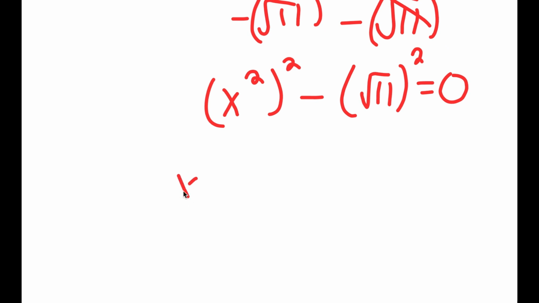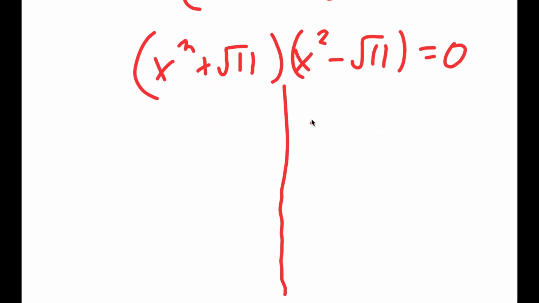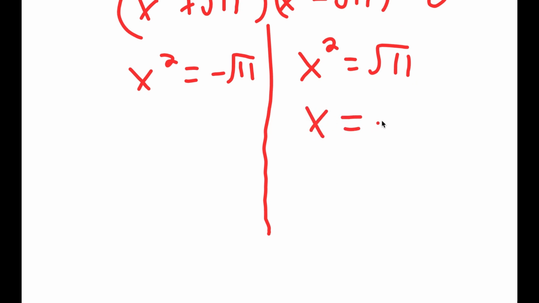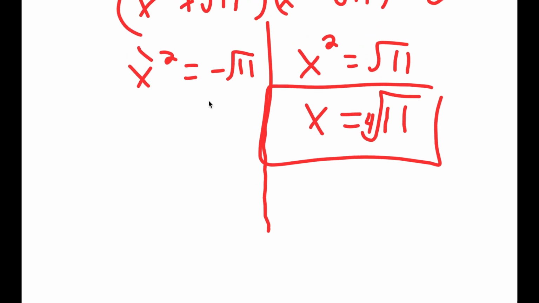And this means that x squared plus the square root of 11 times x squared minus the square root of 11 is equal to 0, meaning I have x squared is equal to negative square root of 11, and x squared is equal to square root of 11. For x squared equals square root of 11, x is equal to the fourth root of 11. And the other has no solution, so this is my only solution to this problem.